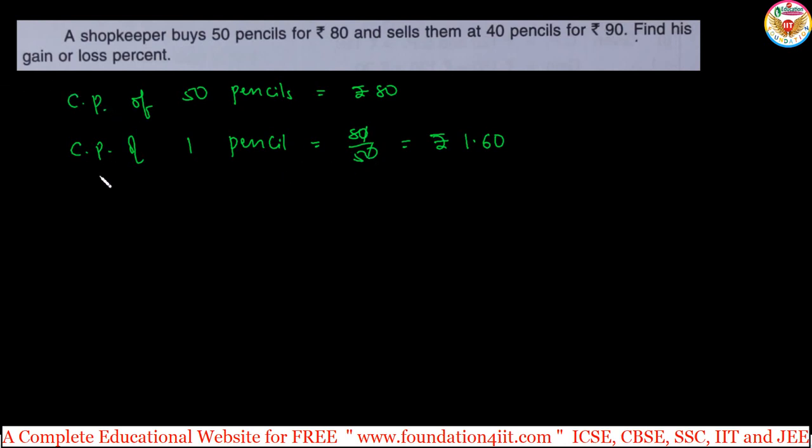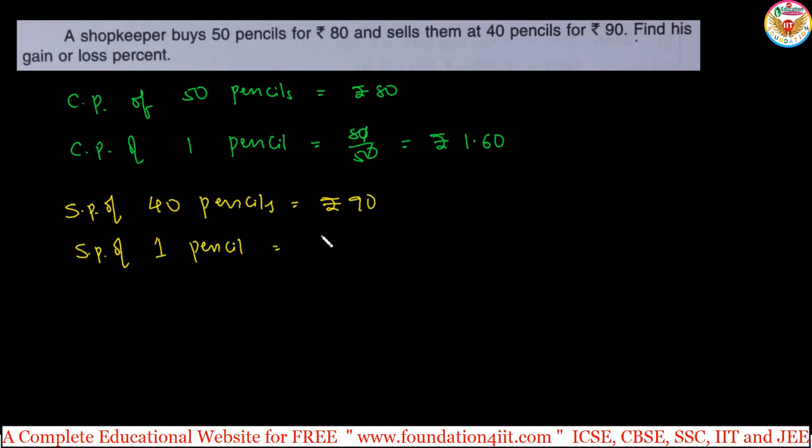Now the selling price. Sold 40 pencils for rupees 90. So the selling price of 40 pencils is rupees 90. In the same way, you can find the selling price of one pencil: rupees 90 divided by 40.